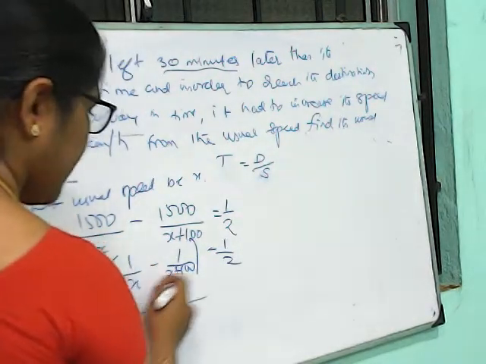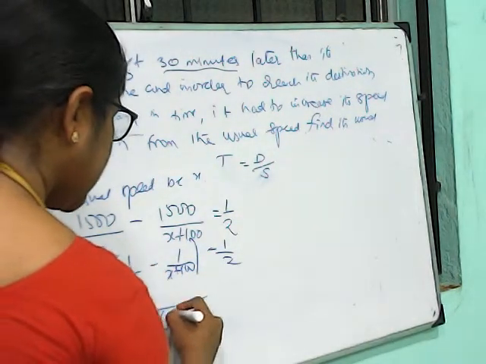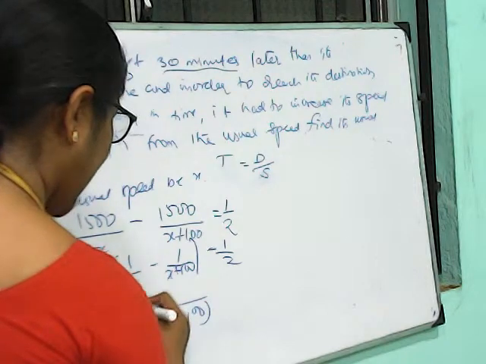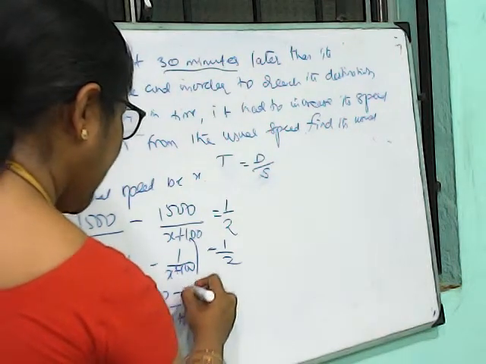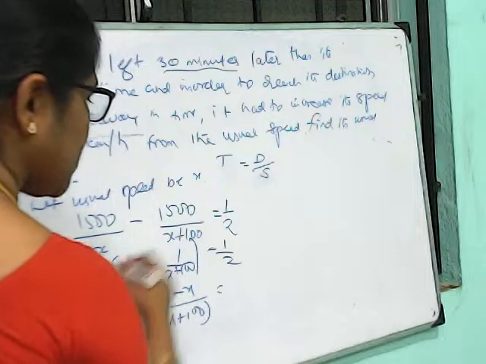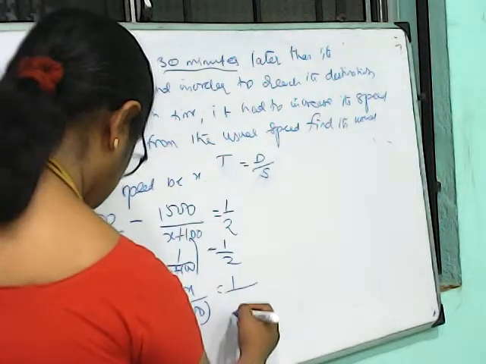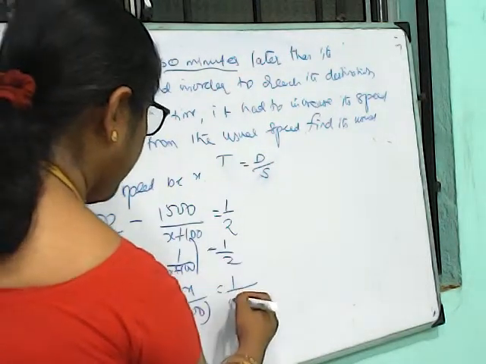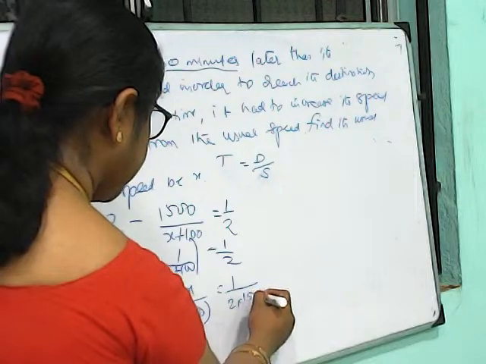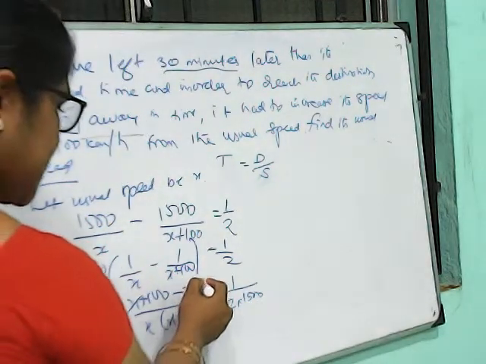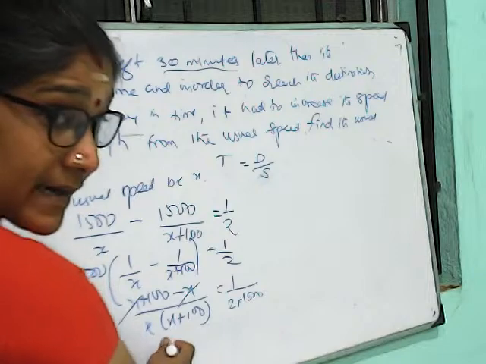Now what am I going to do? I am going to take the LCM: x into x plus 100, and in the numerator x plus 100 minus x. The 1500 I bring down, so it becomes 2 into 1500. So x will get cancelled, and I'll have 100.